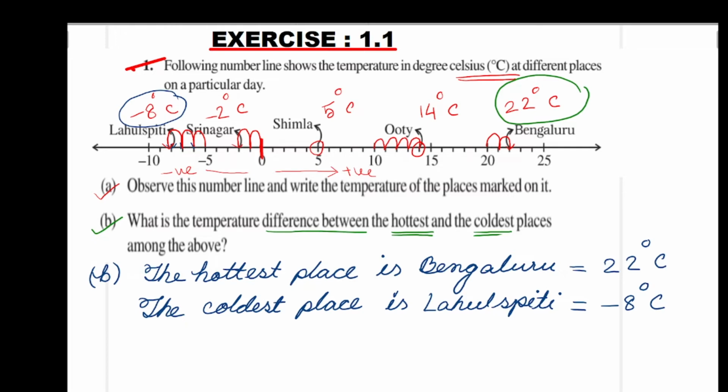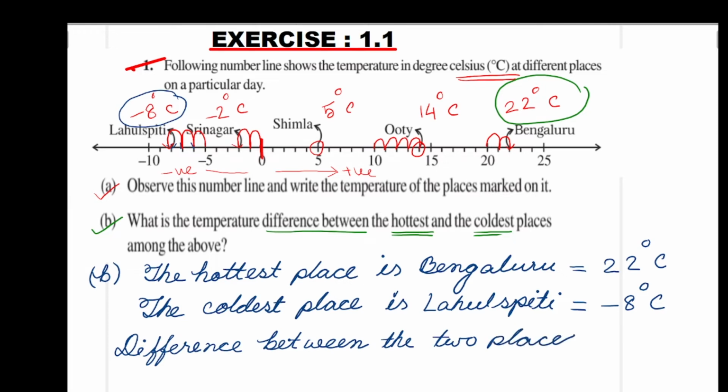We have to find out the difference. The difference between the two places equals 22 degrees Celsius minus (-8) degrees Celsius.